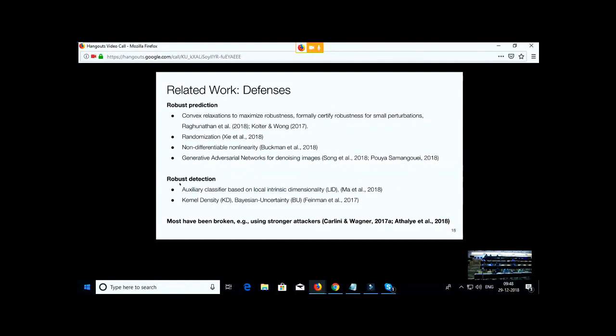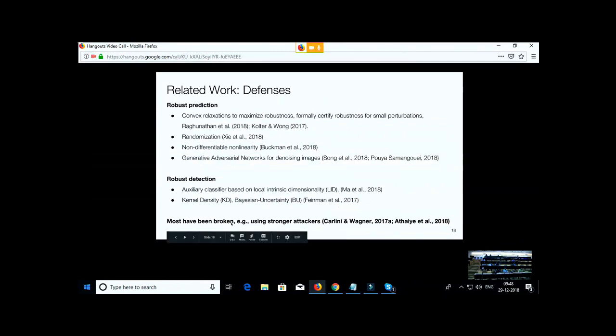And on the robust detection side, in some sense, you have a slightly easier job. Your job now is just to say, is this a real image or is this an image that an attacker has crafted for you? The most relevant work was this paper by Ma from this year, based on something called the local intrinsic dimensionality, where it tries to compute a geometric quantity associated with your image, measuring the local curvature, if you will, and then based on that, seeing whether or not your image was real.